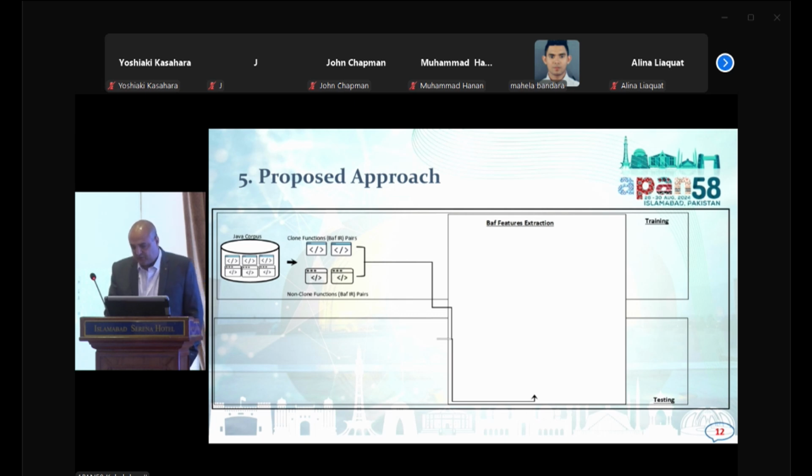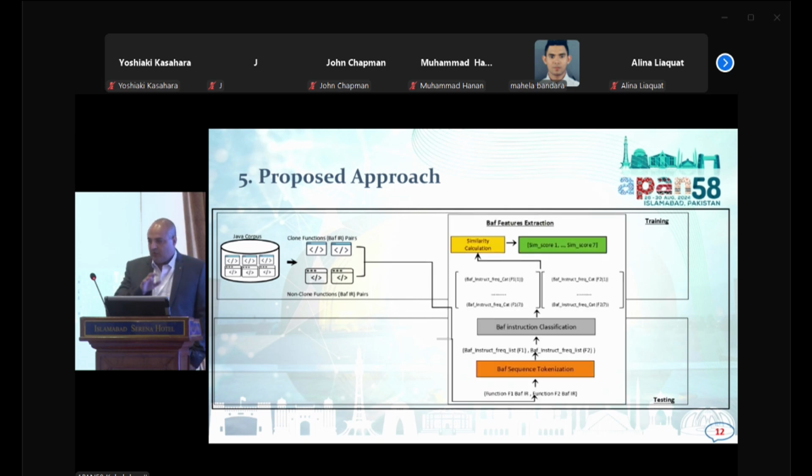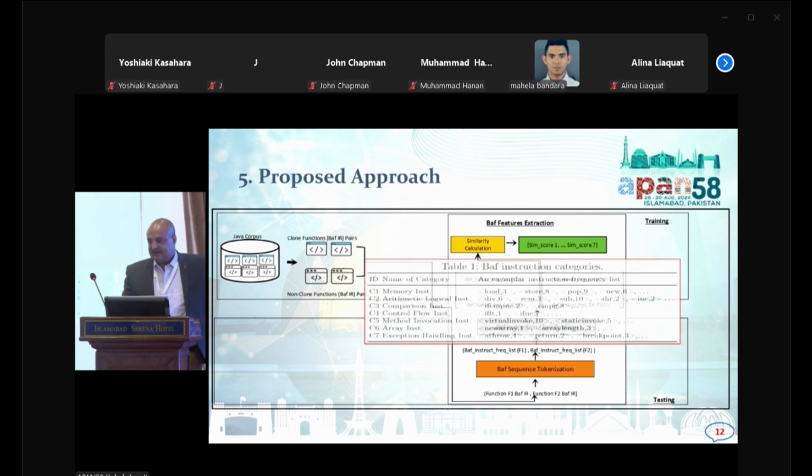In this process, we have three steps to do. First, we recognize the sequence and calculate the frequency of each instruction. Then we categorize these instructions into 6 categories. We have memory instructions, arithmetic logic instructions, and so on.